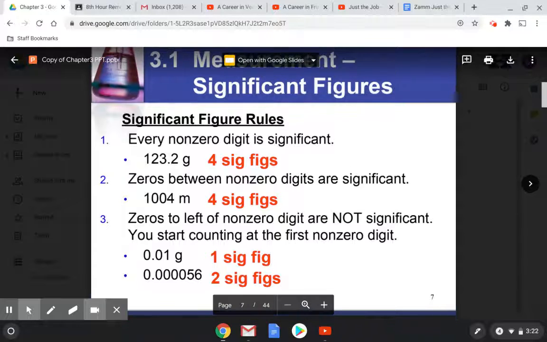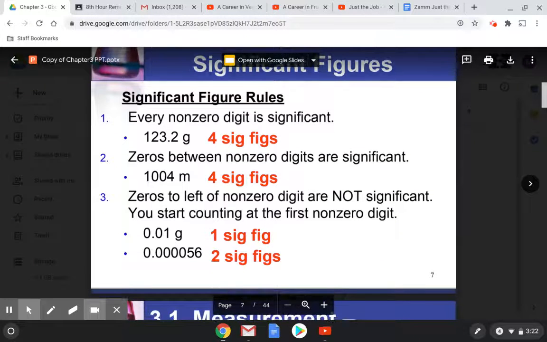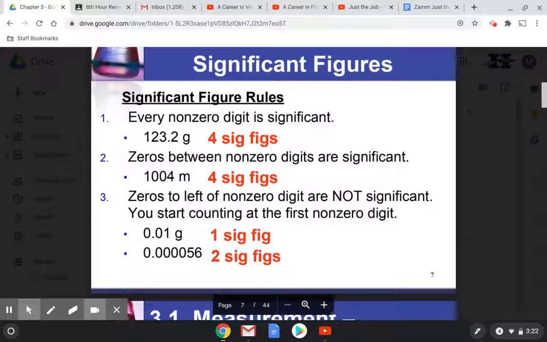Going back to the slide, the significant figures rule. Every non-zero digit is significant. Right, so unless there's a 0, all the numbers are going to be significant. If zeros are between non-zero digits, then we know that those are going to be significant also. But the thing is that zeros to the left of a non-zero digit are not going to be.